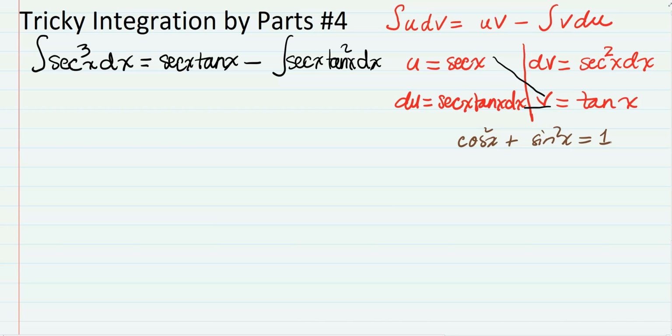So from there, if you divide both sides by cosine square x, you would get 1 plus tangent square x is equal to secant square x. You did that in trigonometry. Therefore, tangent square x will equal secant square x minus 1, right?